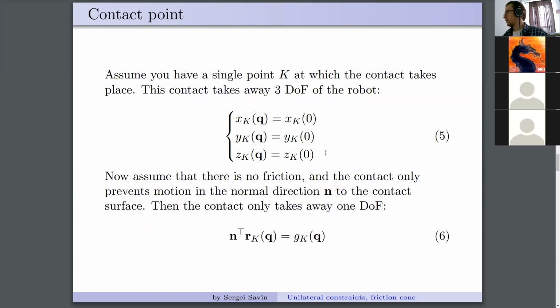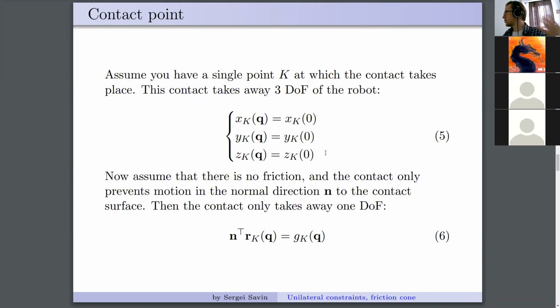Then, you can only take away 1 degree of freedom, because the contact point is free to slide across the surface, but cannot penetrate the surface. Okay. So 1 degree of freedom is lost, but those 2 are still here. So how do we express it? Well, as expression number 6.